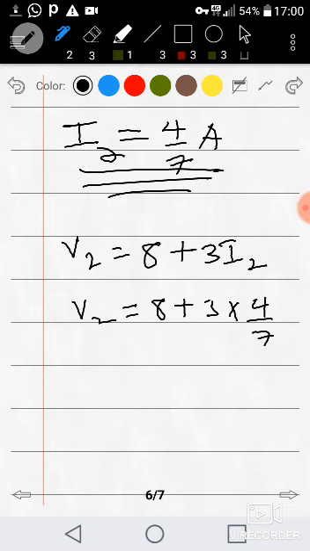So when you substitute I2 as 4 out of 7, then you come up with V2 being 9.714 volts. Or if you took it in fraction, then it should be 68 out of 7 volts.